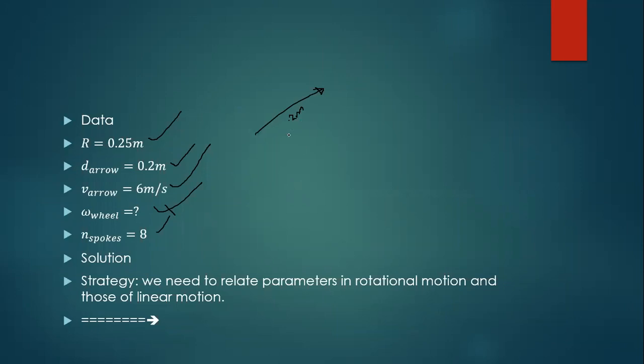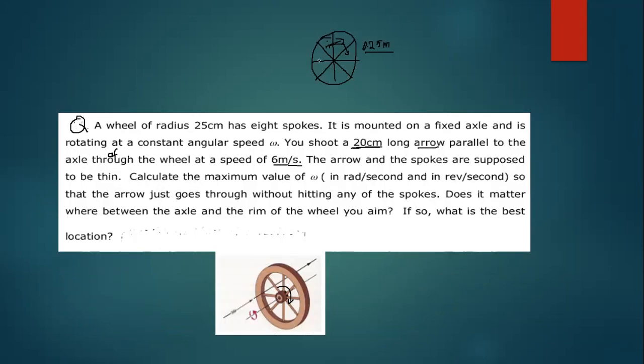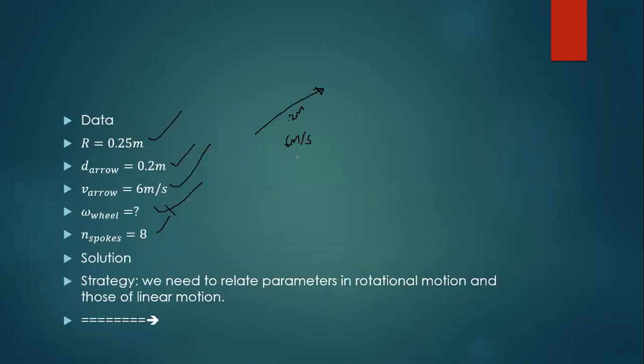Since the speed of the arrow is 6 meters per second, I will need to realize what relates the speed of the arrow and its length. Given the speed of the arrow and its length, what relates them is the time.